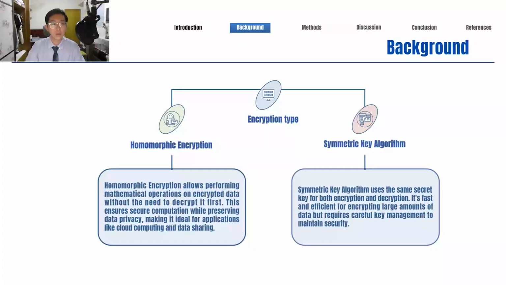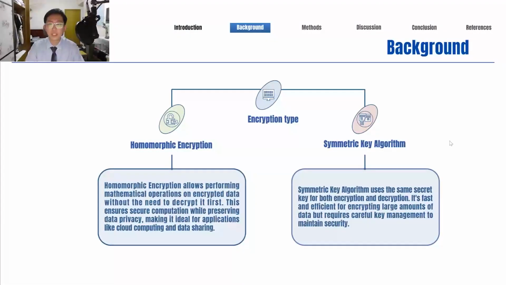Homomorphic encryption allows performing mathematical operations on encrypted data without the need to decrypt it first. This ensures secure computation while preserving data privacy, making it ideal for applications like cloud computing and data sharing.